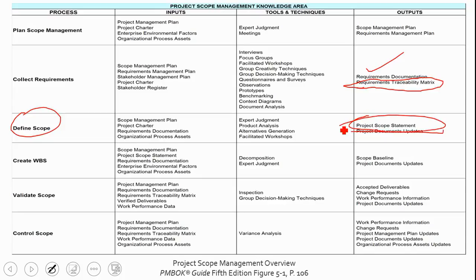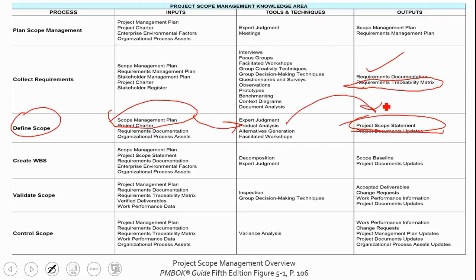Well, we have our plan, we have our charter, we're going to do product analysis, which is very important. Product analysis is going to help us glean what exactly needs to be done to deliver those features and functions. A product analysis will zero in on the features and functions and tie them to actions that need to be done to deliver them. Hence, project scope statement.